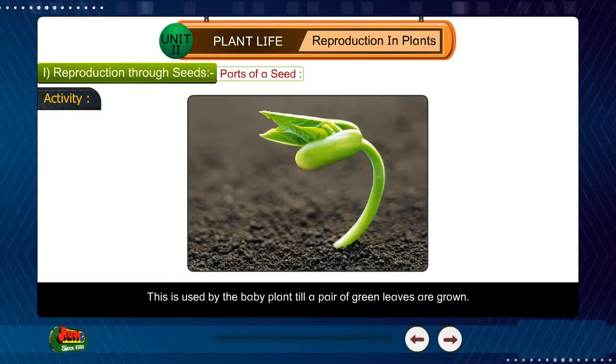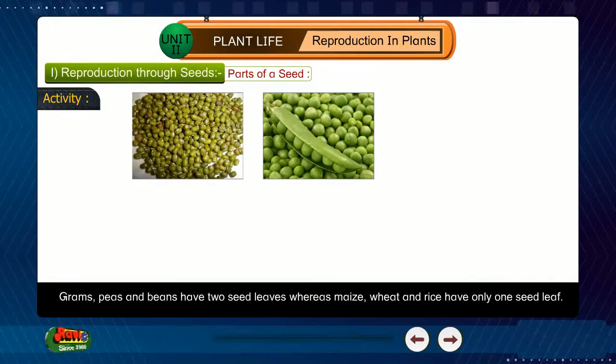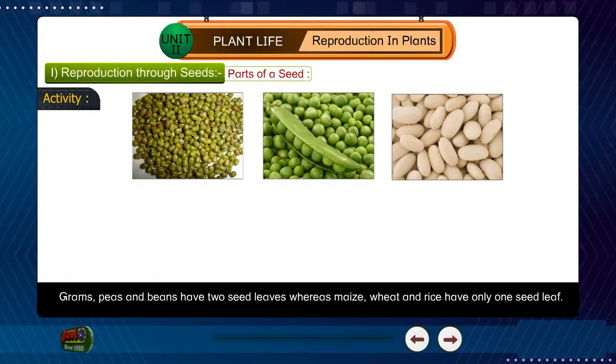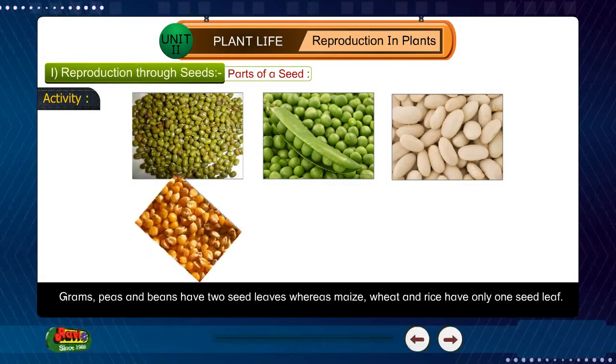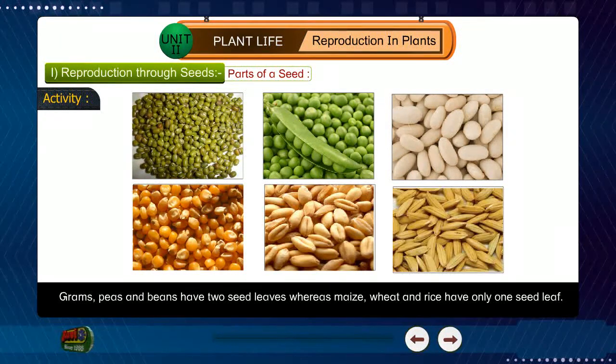This is used by the baby plant till a pair of green leaves grows. Grams, peas and beans have two seed leaves, whereas maize, wheat and rice have only one seed leaf.